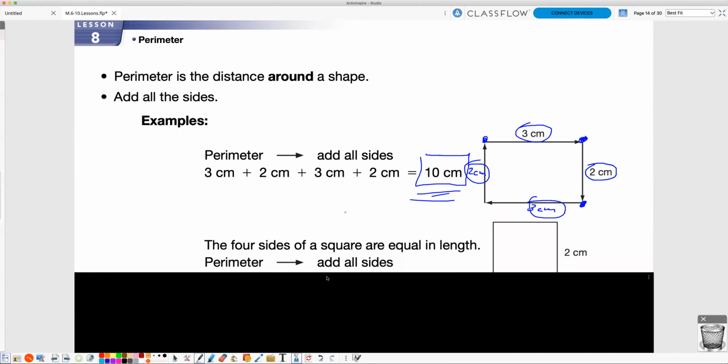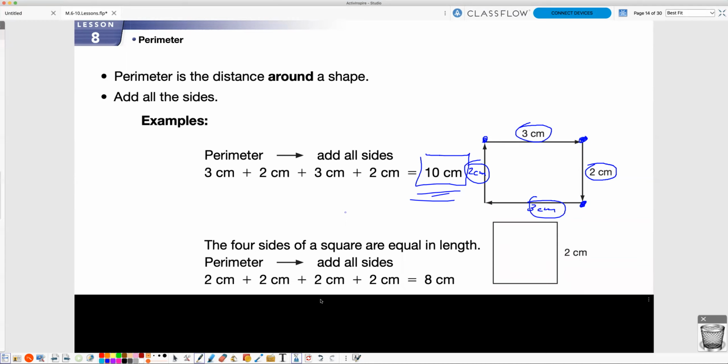The 4 sides of a square are all equal in length, so this is a special one where you can see clearly that in this case, each one of these sides represents 2 centimeters. On a square, you hopefully remember that a square means all the sides are the same. This is 2 centimeters.